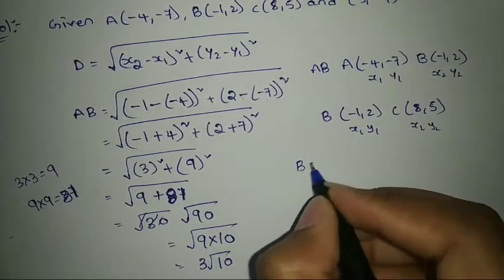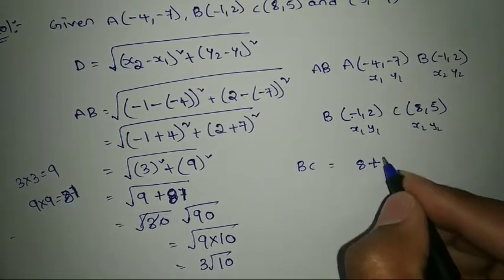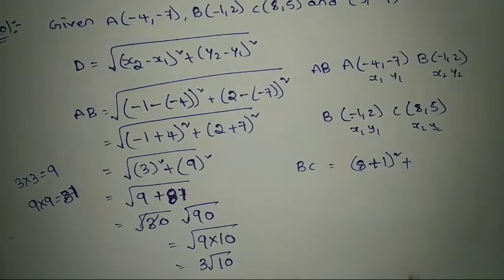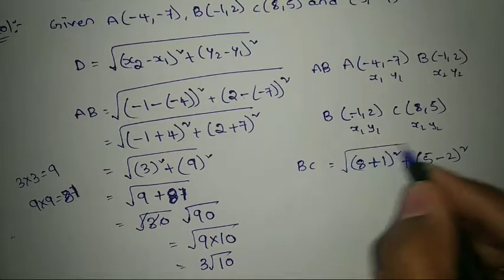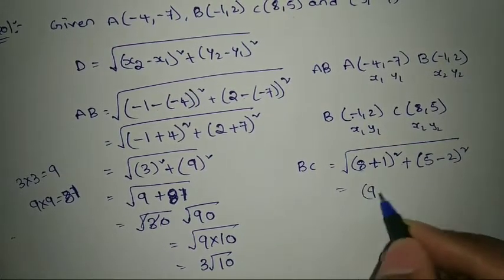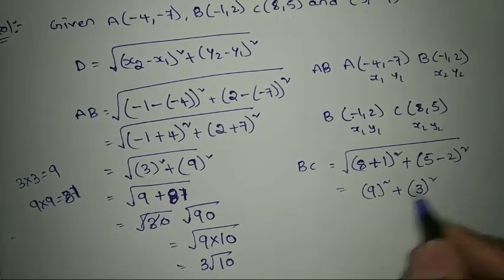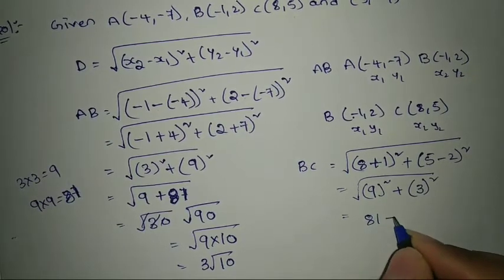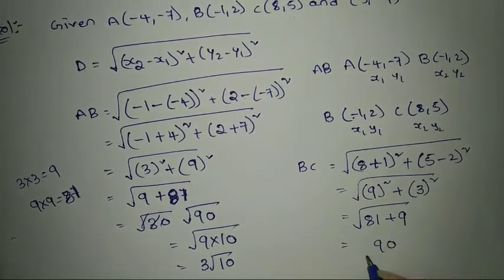So substitute in formula: 8 minus of minus 1 whole square plus 5 minus 2 whole square. 9 whole square plus 3 whole square. 9 into 9 is 81 plus 3 into 3 is 9. Root 90, we got 3 root 10.